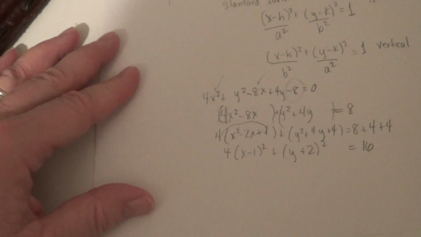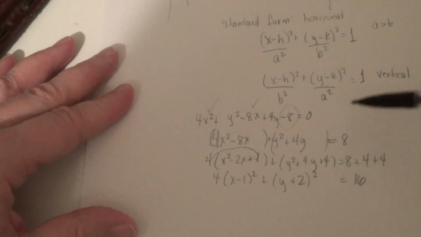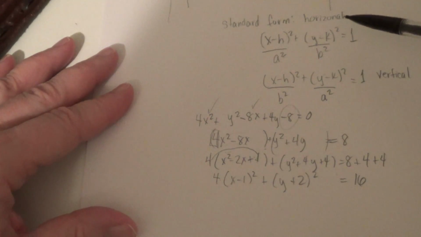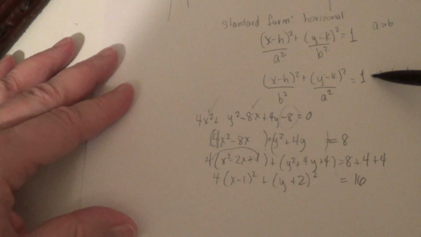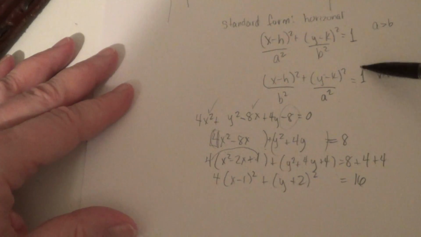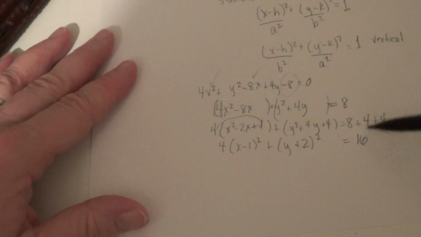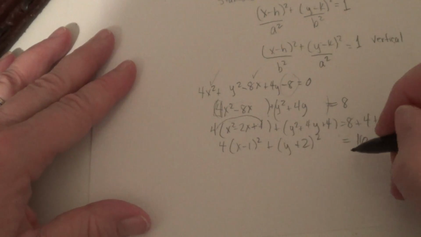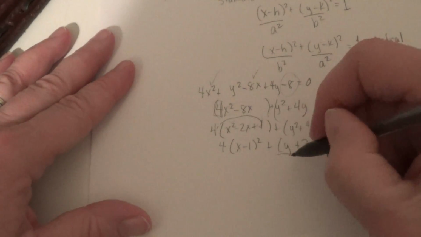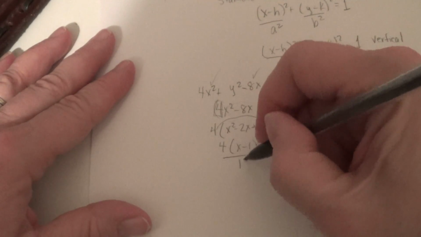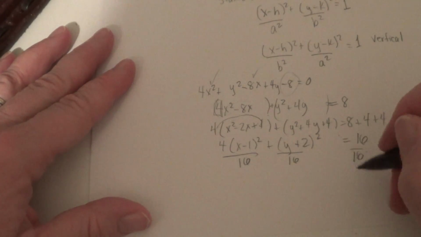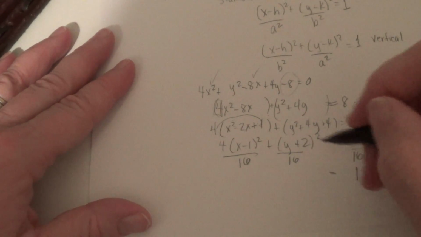So I'm still not in standard form because I need a 1, and I'm not sure which this is going to be, but I need a 1. I have a 16 in that spot. So I'm going to divide by 16 each term to get the 1 that I need. So this is 1.